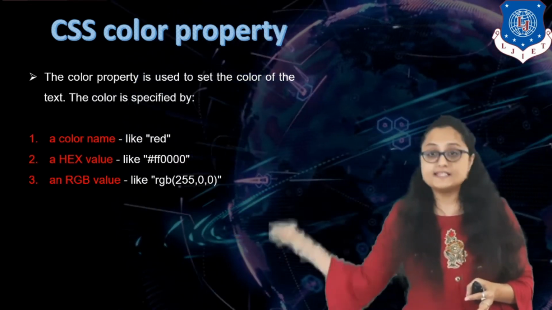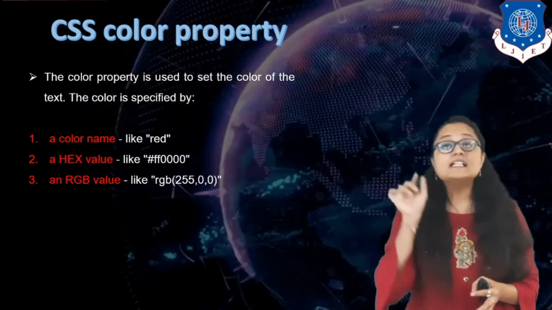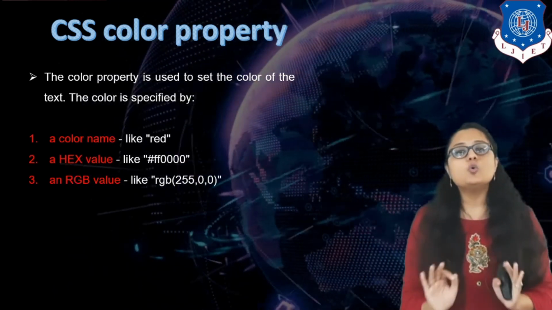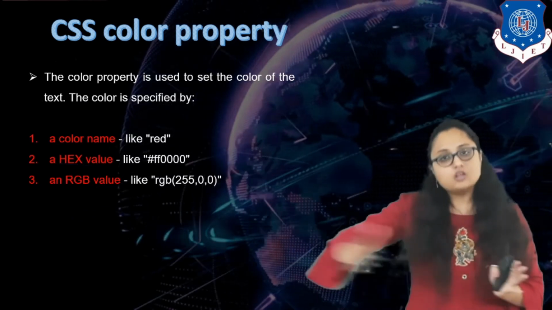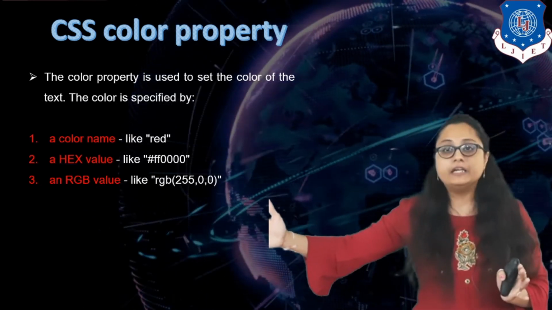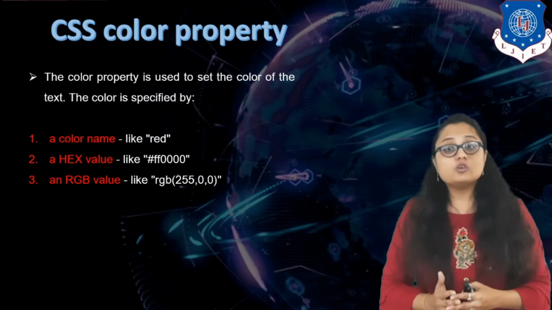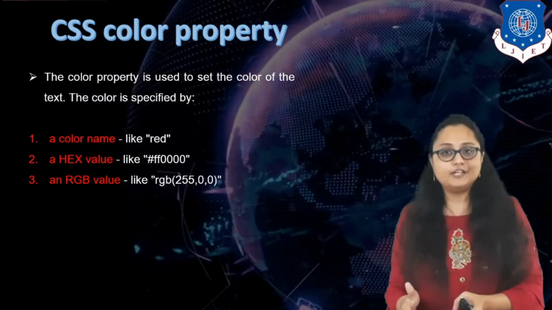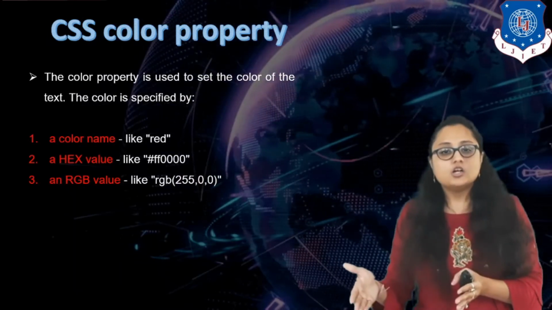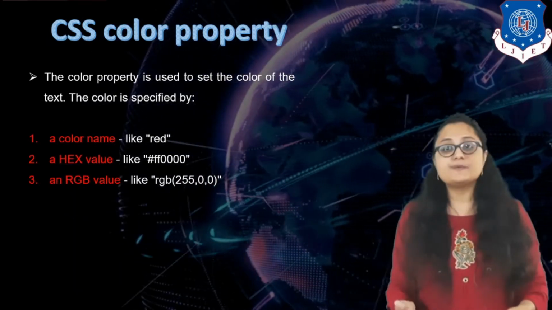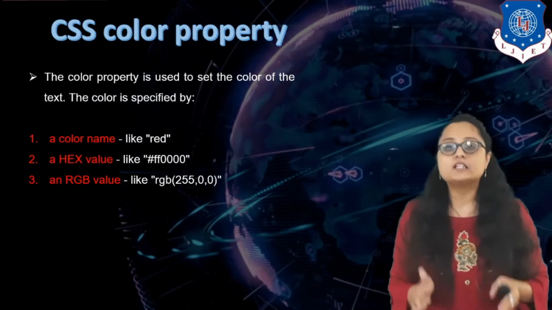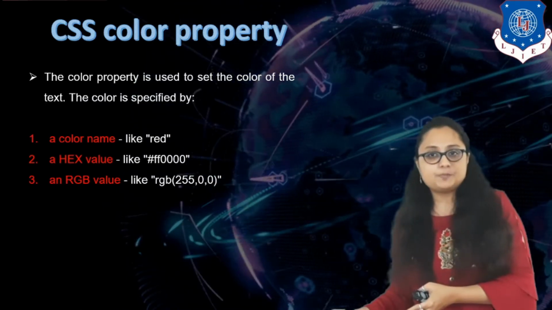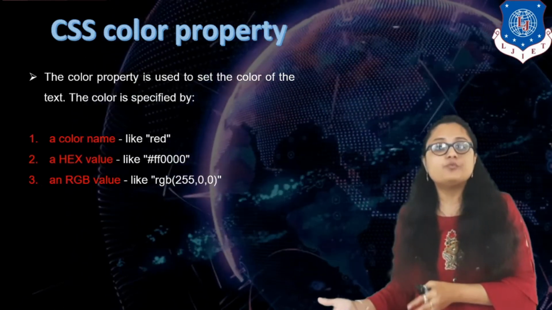FF stands for highest intensity of red, and 00 stands for lowest intensity of red, and all the other values are intermediate, right? So accordingly it will take the intensity of red. Similarly for the second pair, you have to specify the intensity of green color, and for the last pair you have to specify the intensity of blue color.